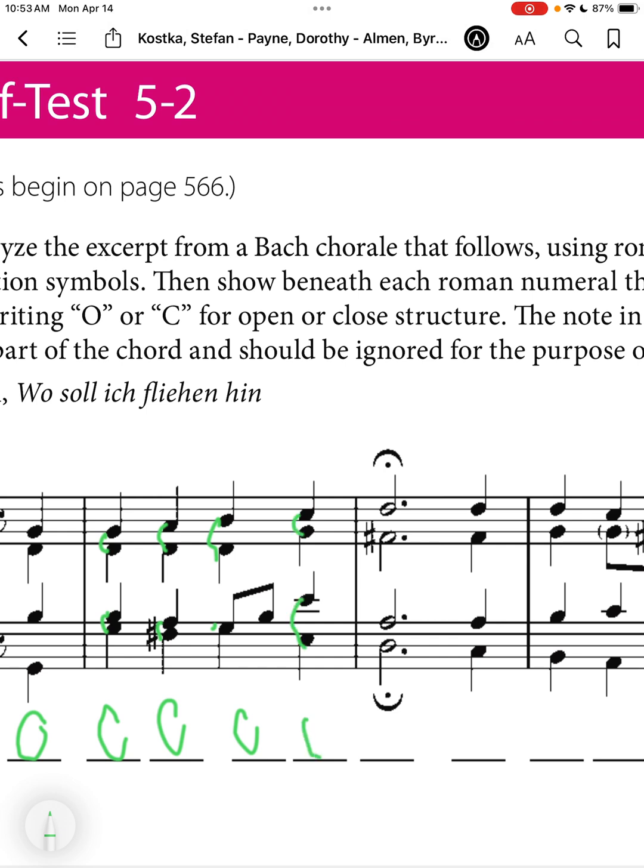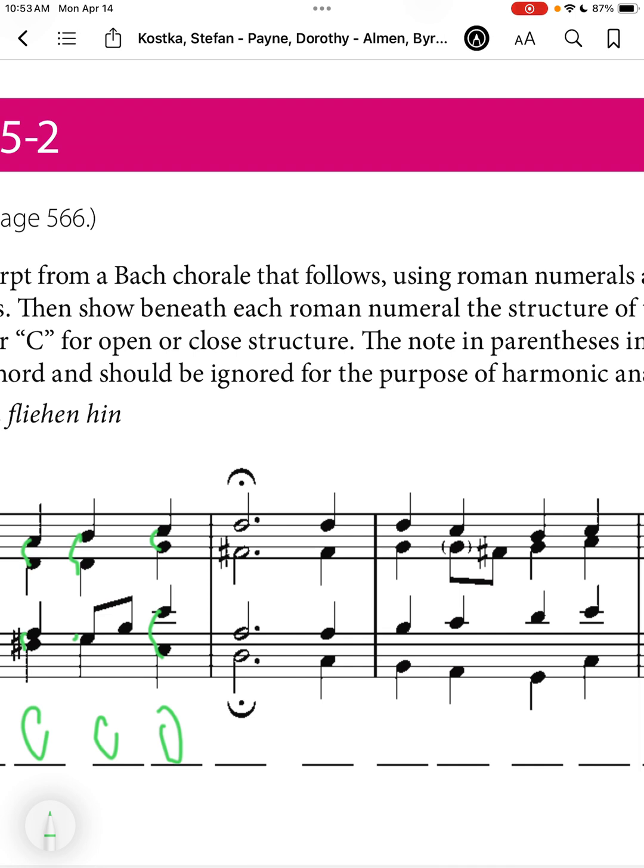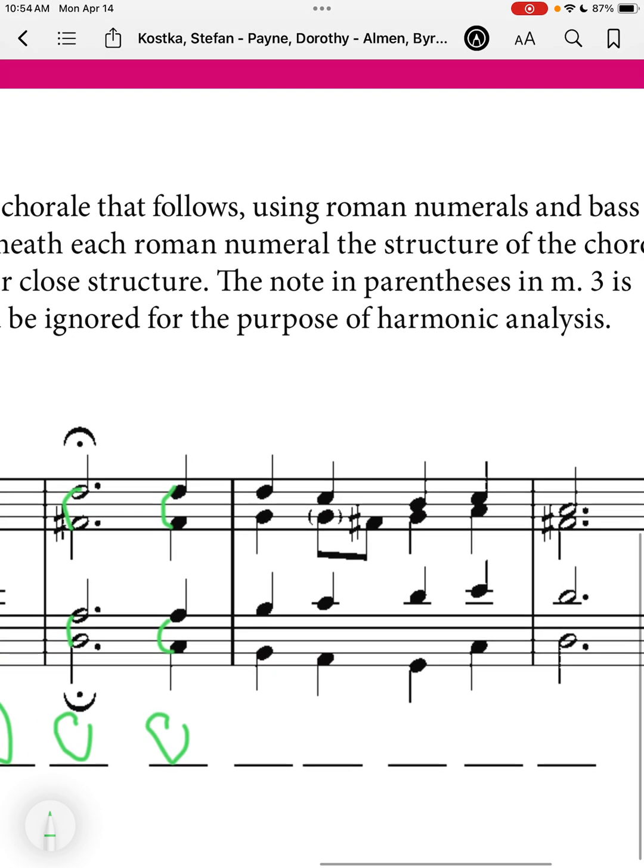Open, because of that one. Alright, so this is the fifth. That is looking like a sixth. Close again. For this one, it would be a sixth again. Close again. This one tends to be more open, since it's more than an octave.